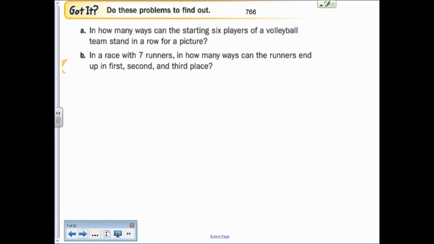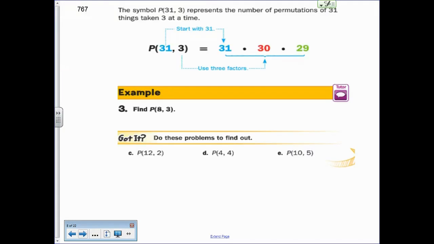But we are going to go on to the next page, 767, and take a look at how we're going to write out these permutations. At the top of 767, it says, the symbol P(31, 3) represents the number of permutations of 31 things taken 3 at a time.